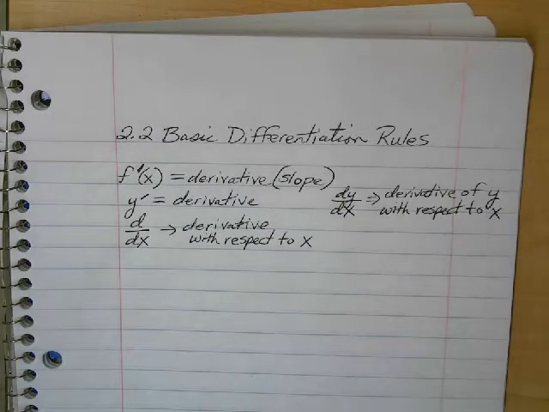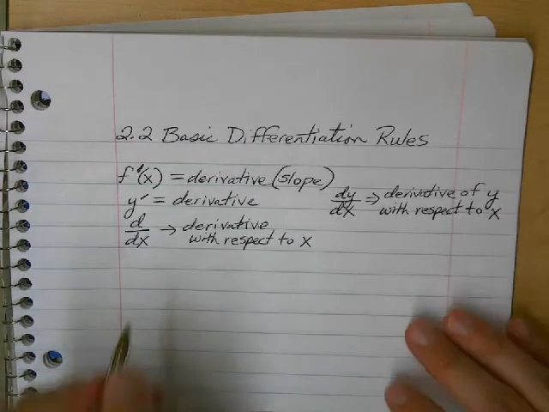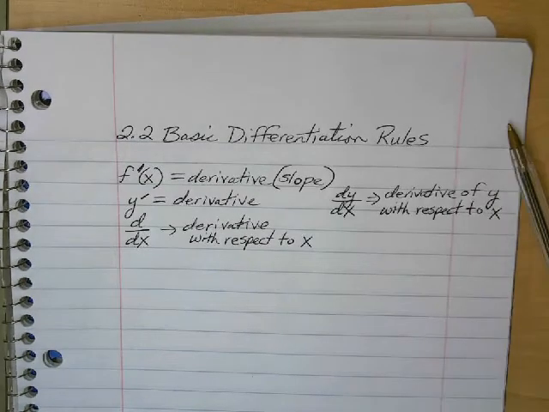Okay, there were a few problems on your last assignment that you might have known the answer to without doing that whole big limit formula. Remember, a derivative is just a slope. So if I give you f of x equals 3x plus 7, what's f prime of x?